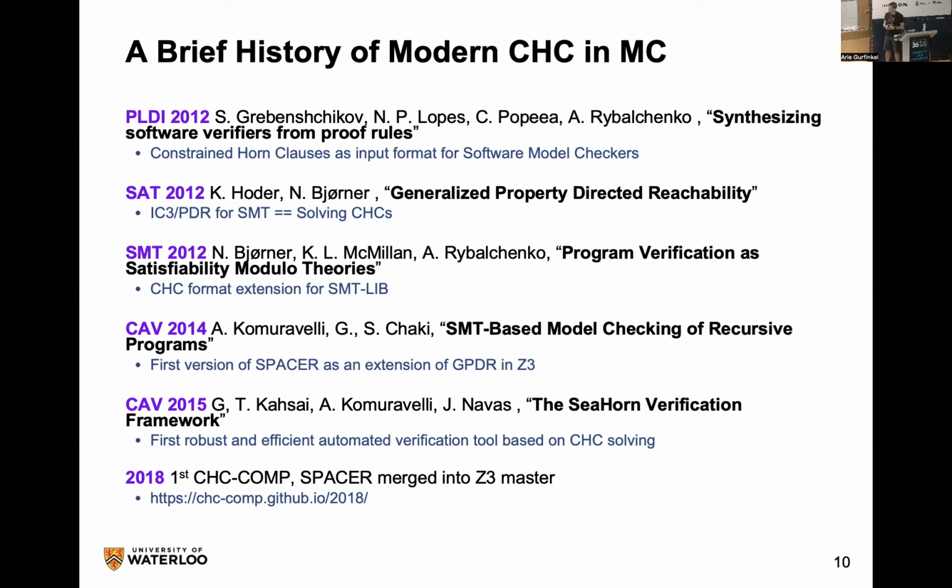So everything started, interestingly, exactly 10 years ago. I first learned about Horn clauses and really started to pay attention from this TLDI 2012 paper by Andrei Rybalchenko and his students. And they had this idea that instead of writing model checkers for different systems, you might as well just write model checkers for Horn clauses, and then you can use Horn clauses to model different model checking algorithms or different proof rules.